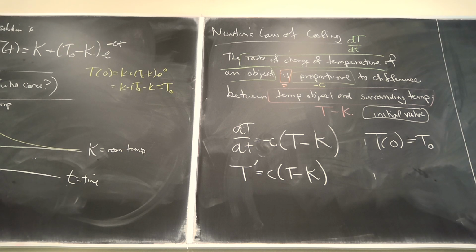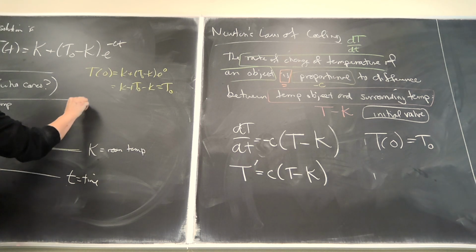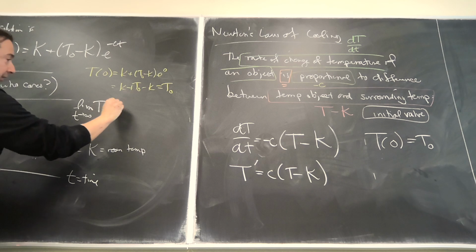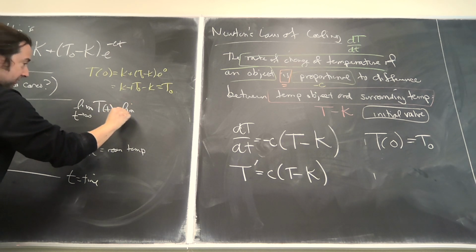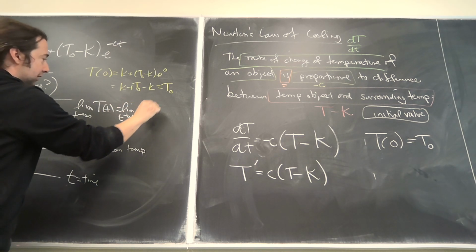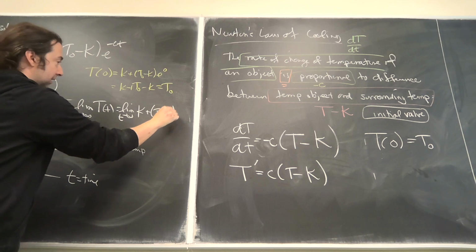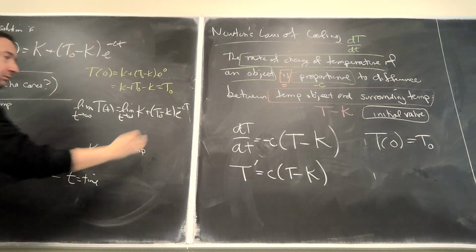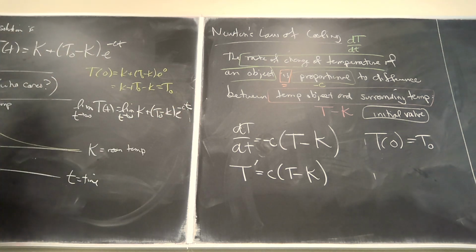Now what happens asymptotically, which is to say, what happens when time gets really large? If I took the limit as t goes to infinity of T of t, that's the limit as t goes to infinity of k plus t naught minus k times e to the minus ct. What is that limit? Why?